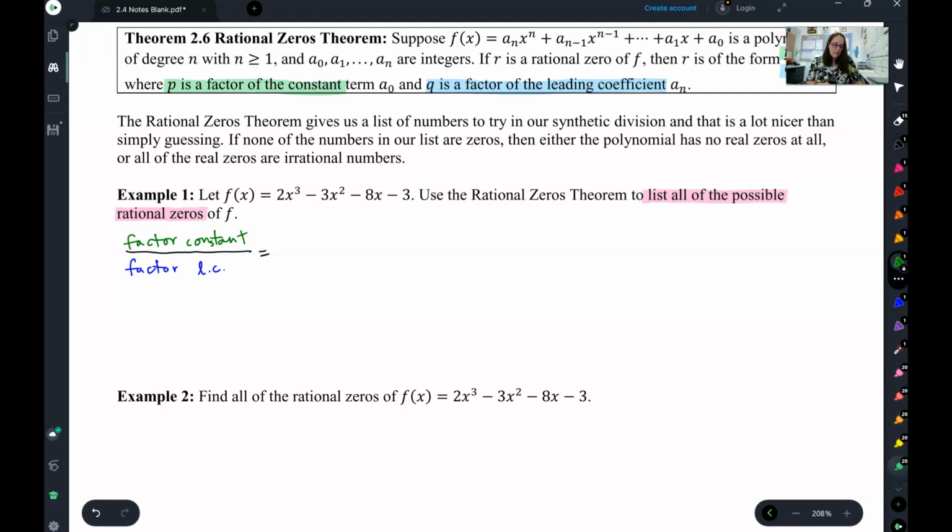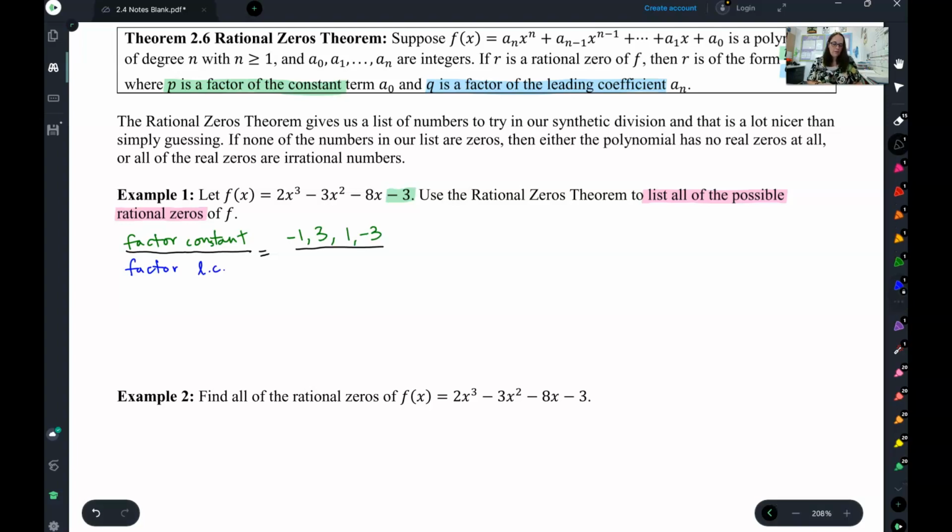If I look at this equation, my constant is -3. If you think of the things that multiply to -3, we've got -1 and +3. By the way, that's what factors mean, things that multiply. And we've also got +1 and -3. Those are the things that will multiply to -3.